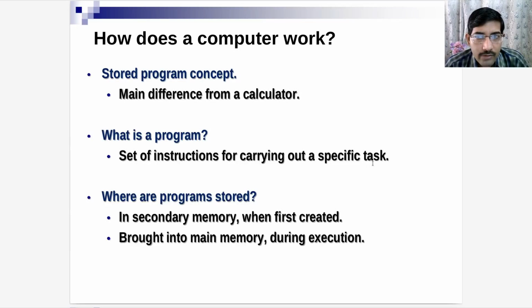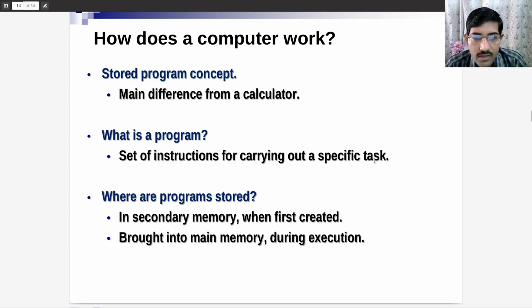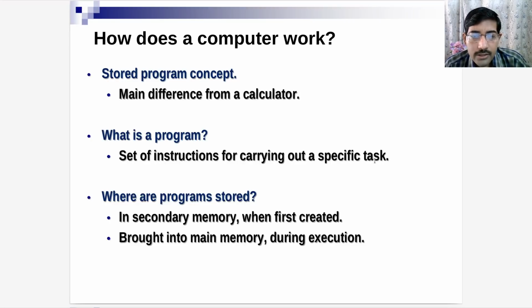Whatever program is written to run your browser, one by one, fetch, decode, execute happens. Before that, when your program becomes active to execute and show you something, it will start to come into the primary memory, the random access memory, during the execution.